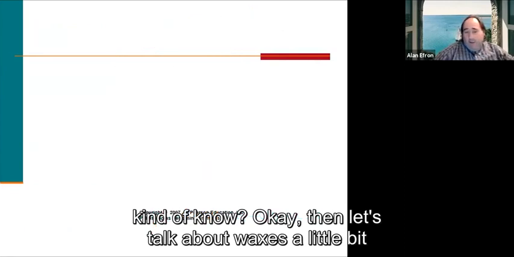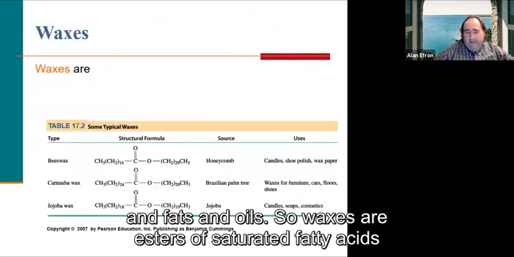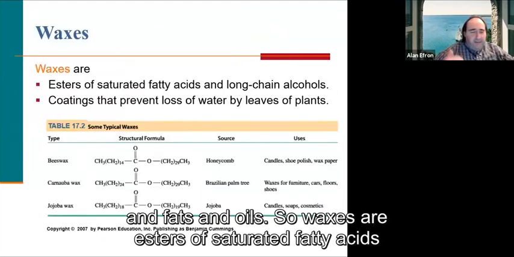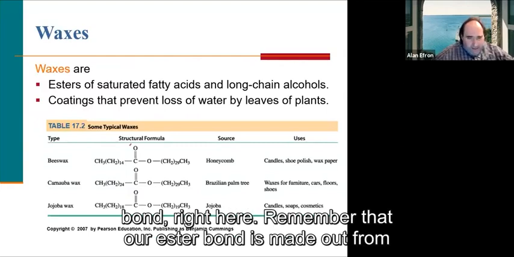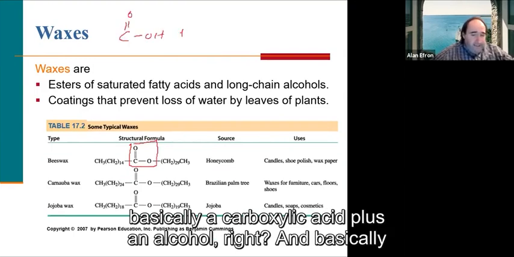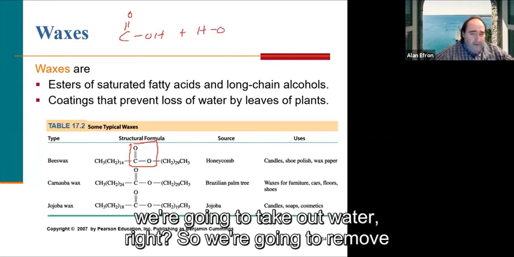Okay, then let's talk about waxes a little bit, and fats and oils. So waxes are esters of saturated fatty acids and long chain alcohols. And basically this is our ester bond right here. Remember that our ester bond is made from a carboxylic acid plus an alcohol, and we're going to remove water.